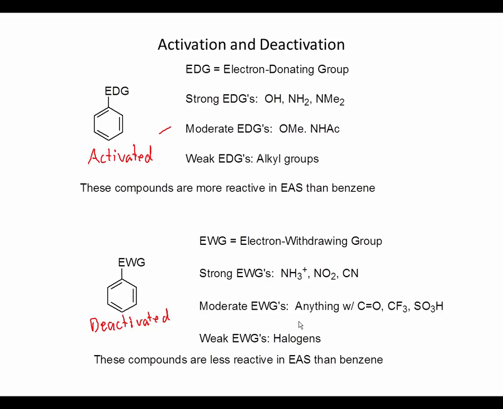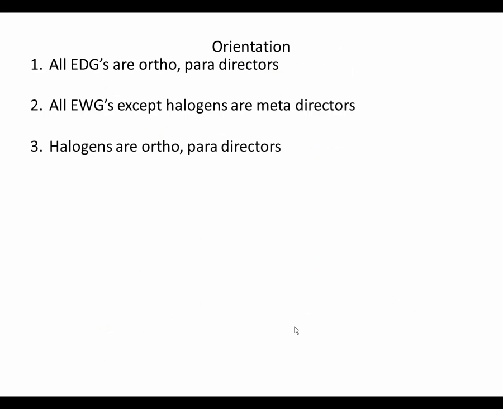Alright, so this is the one effect that you see with these groups. The other effect is on their orientation. Where do the new substituents go when you perform an electrophilic aromatic substitution on a benzene ring that already has something on it?